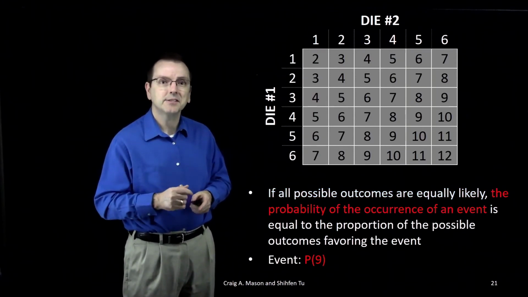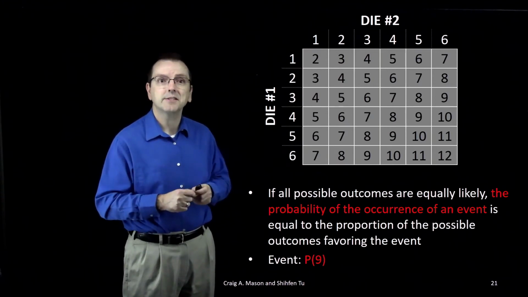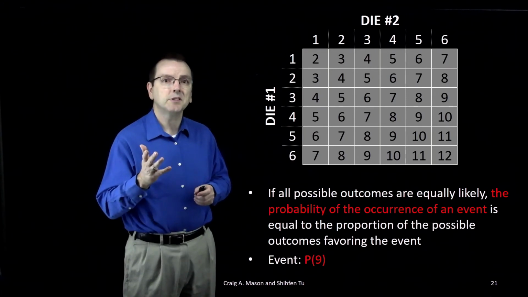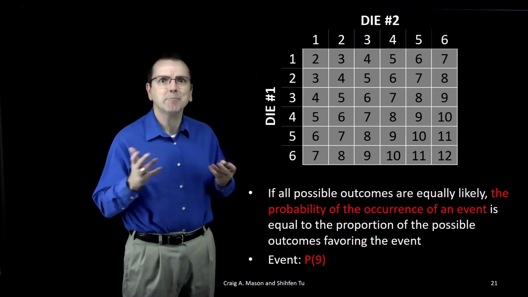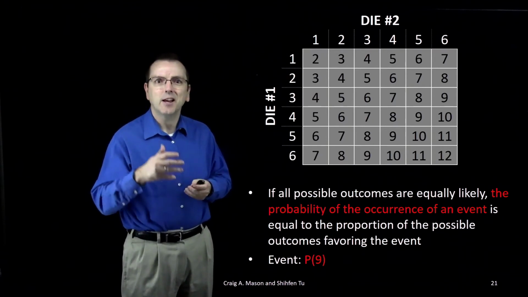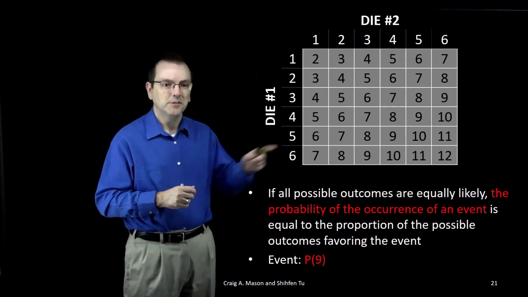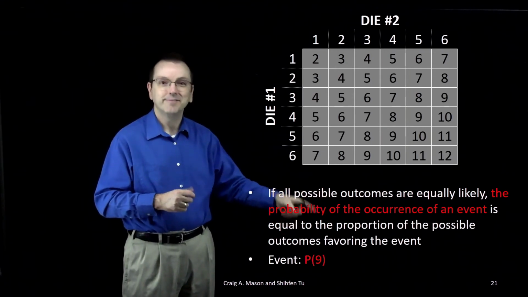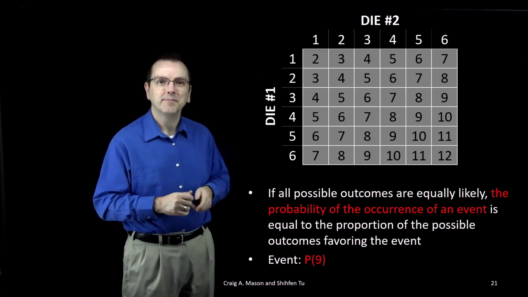Okay? Next, the probability of the occurrence of an event, well, that just means the probability of whatever it is that I'm interested in happening. In this case, it's the probability of rolling a 9. See how they're color-coded, right? Now, that's pretty straightforward, right?